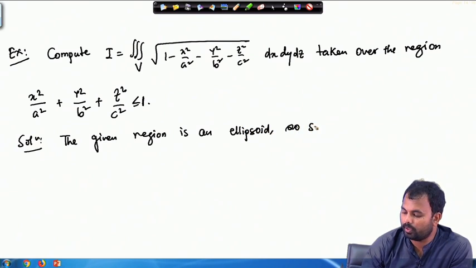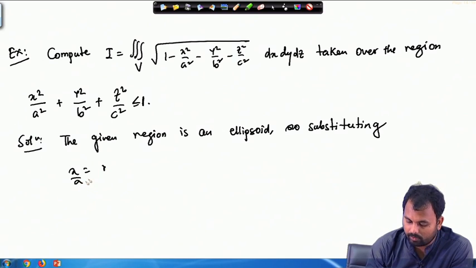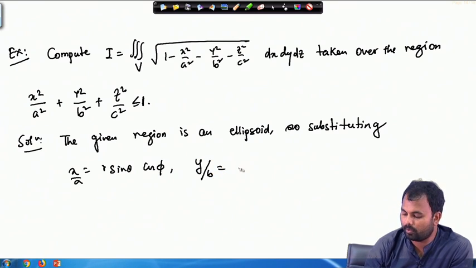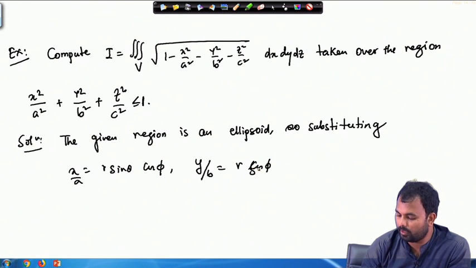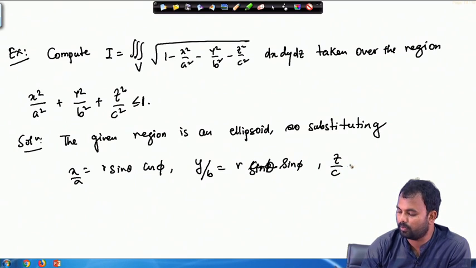So, substituting x by a equals r sin theta cos phi, y by b equals r sin theta sin phi, and z by c equals r cos theta.